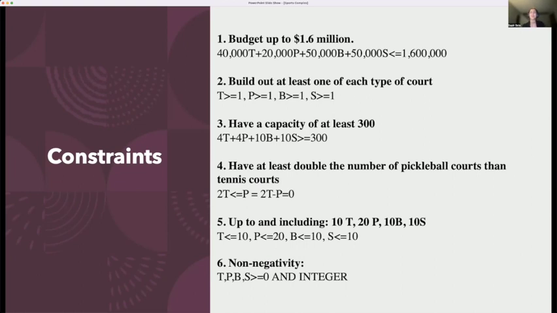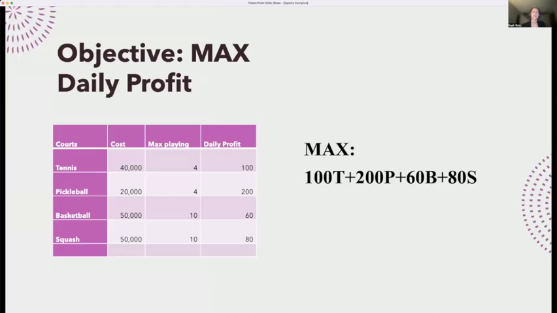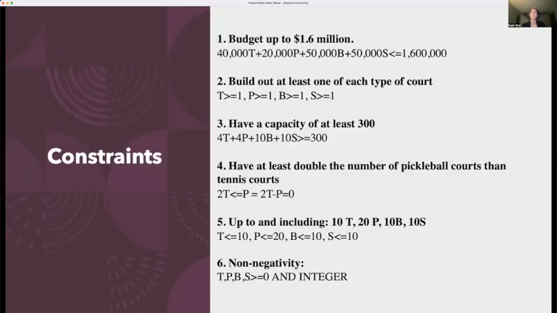So the constraint for the budget is 40,000T, which, if you look back at the table, 40,000 is the cost to build a tennis court, plus 20,000P, which is the cost to construct a pickleball court, plus 50,000B, plus 50,000X, basketball and squash. And so this constraint says that the cost to build all the courts should be less than or equal to 1.6 million, because we can only go up to that 1.6 million. If it costs any more than that, it wouldn't work.